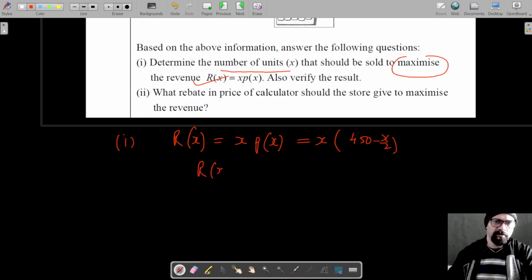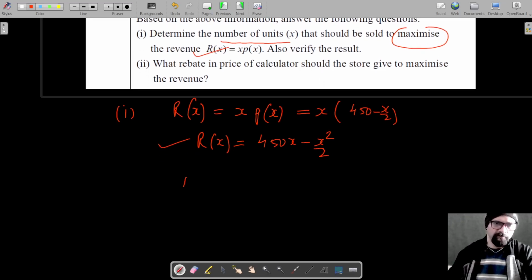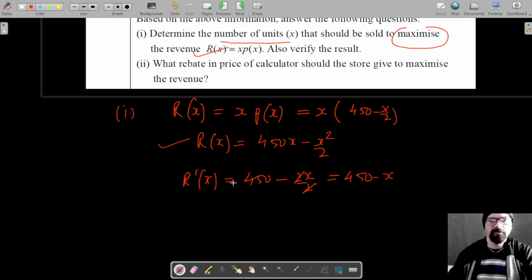So R of X is equal to 450X minus X square by 2. We have to find the number of units for the maximum revenue. For that, let's find its first order derivative, and we go for the maxima and minima. The first order derivative is 450 minus 2x by 2, so this is now 450 minus x.